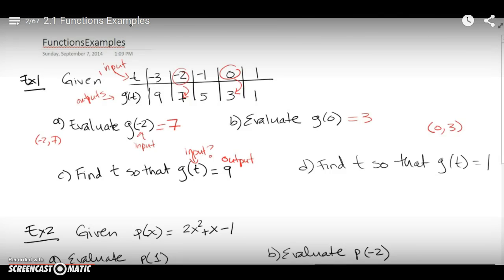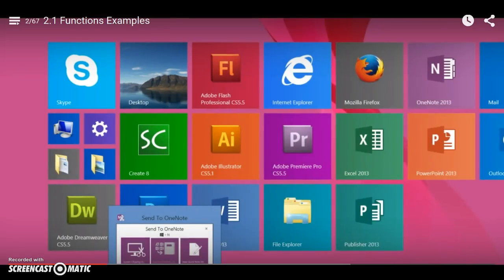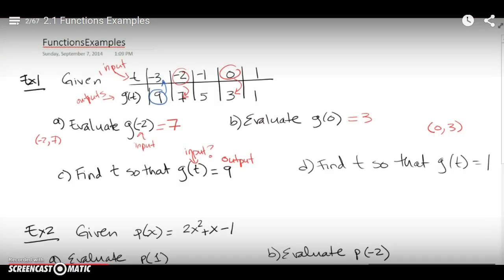So we're going to go to the output value of 9, which is right here, and we have to see what the corresponding input value is, and it looks like that's going to be a 3. So, whoops, t must be -3 actually.